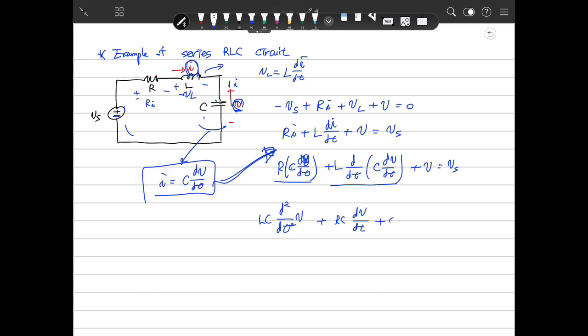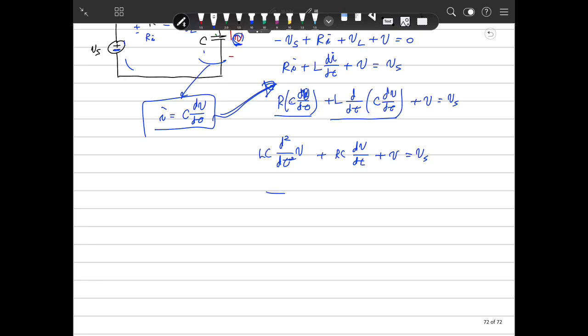So at first LC d squared V over dt squared plus RC dV/dt plus V equals Vs. So rewrite here, we multiply by 1 over LC, then it'll be d squared V over dt squared plus R over L dV/dt plus 1 over LC V equals 1 over LC Vs.